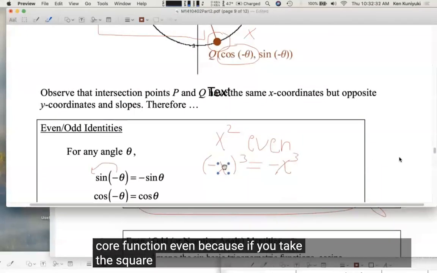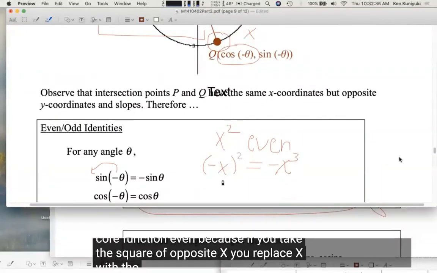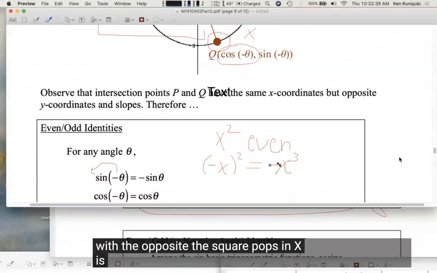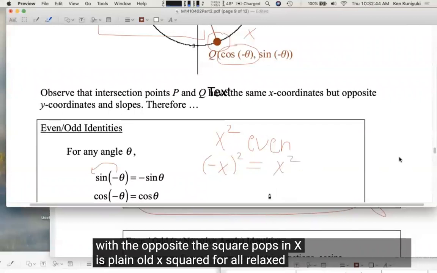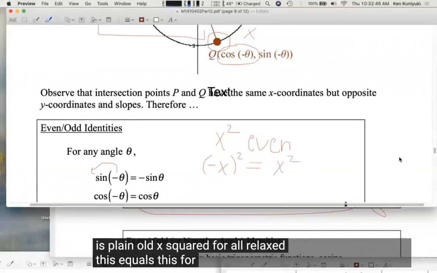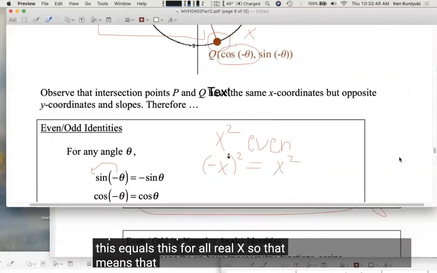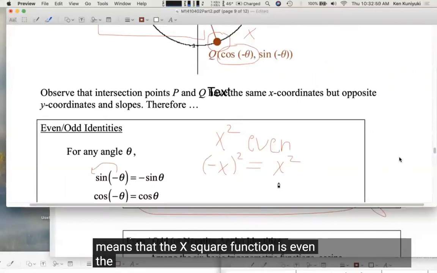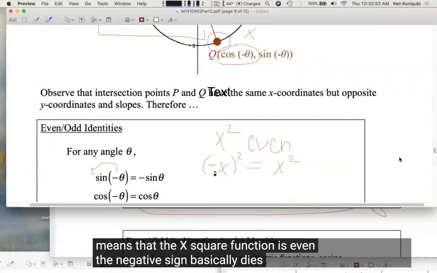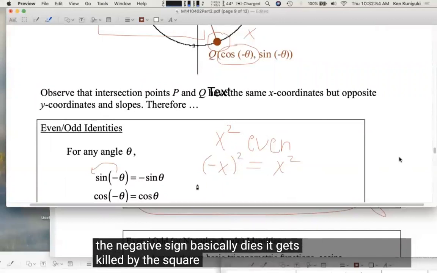Because if you take the square of opposite x, you replace x with the opposite, the square of opposite x is plain old x squared for all real x. This equals this for all real x. So that means that the x squared function is even. The negative sign basically dies. It gets killed by the square.